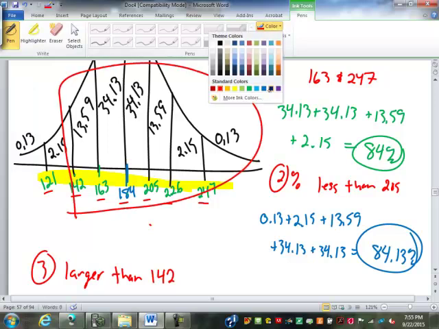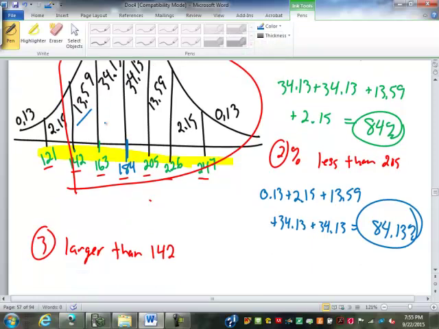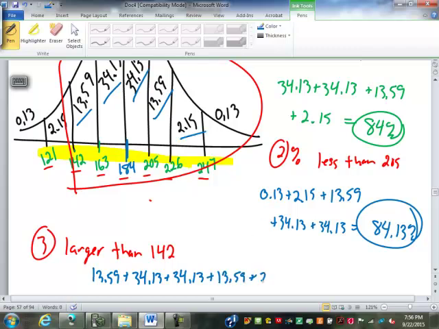So I have to add all those numbers up. 13.59 plus 34.13 plus 34.13 plus 13.59 plus 2.15 plus 0.13 adds up to, what is that, 97.72%, I believe.